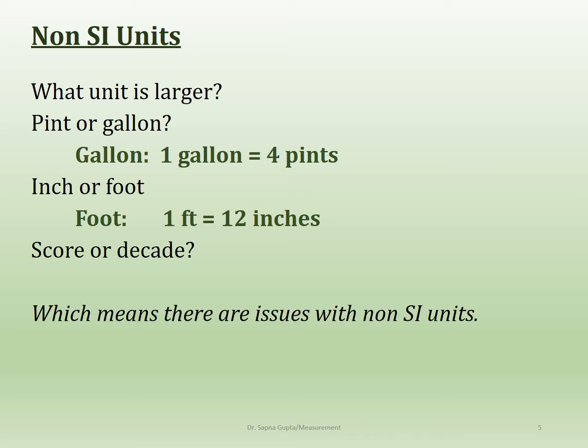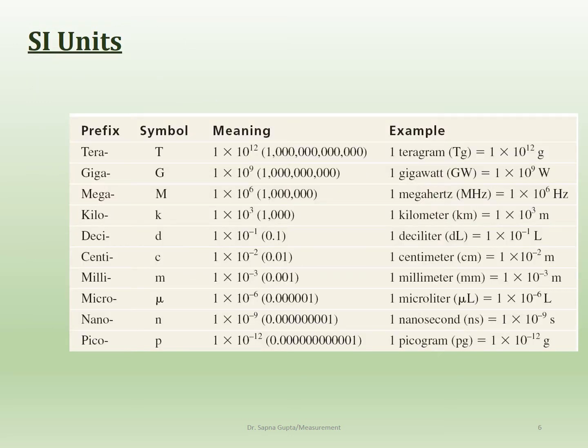So this means there are some issues with the non-SI units, and that's why we actually went to the SI units, because it gives us a little bit better framework to work with, and so everybody is on the same page. So here are the SI units, all right, and if you look at the SI units here, it's a very systematic kind of a thing, all right?